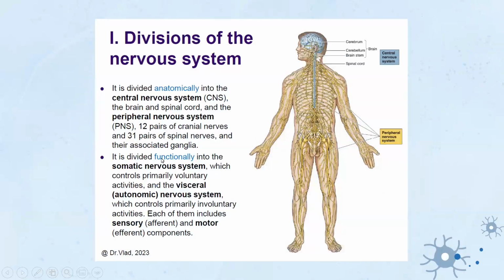So this whole point is telling you that the peripheral nervous system is divided functionally into somatic, meaning that it controls the voluntary activities, meaning the skeletal muscles, and visceral autonomic nervous system controls primarily the involuntary activities, or the visceral organs, which are the thoracic and the abdominal organs. And each of these two systems have sensory and motor components.